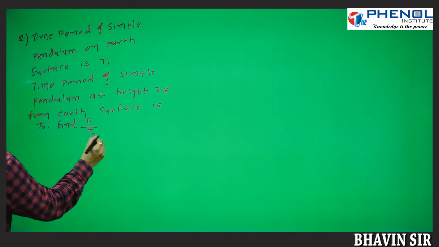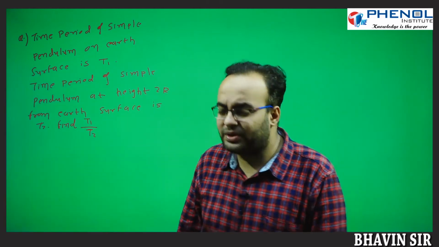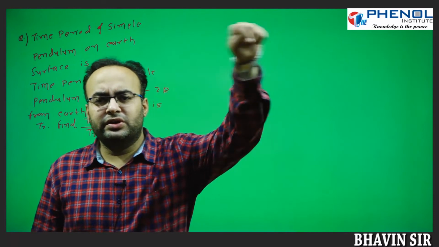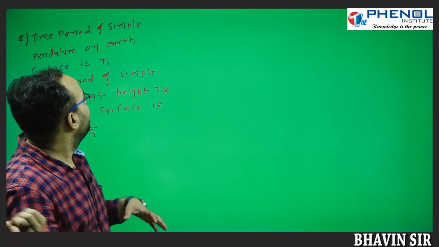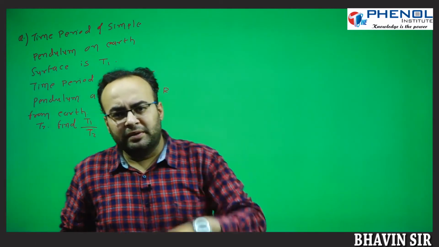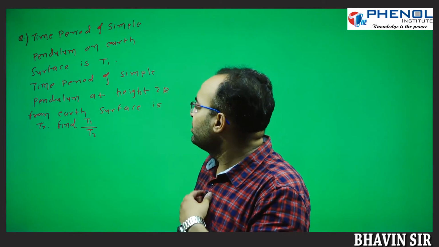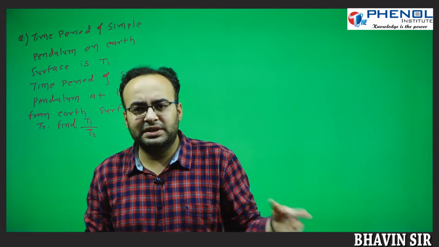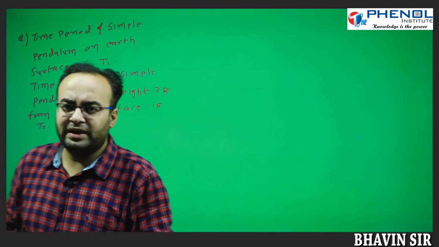Find T1 by T2. Okay, see students, what is the question? Time period of a simple pendulum on earth surface is T1. Time period of a simple pendulum at a height 2r, where r is what students? Radius of earth, right? From earth surface is T2, so T1 by T2.